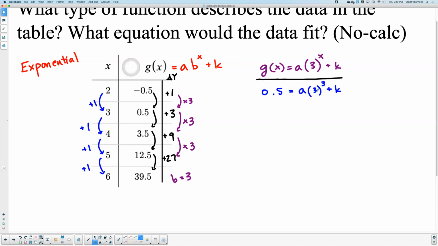So let's simplify. What's 3 to the third? That's 3 times 3 times 3. 27. That will be 0.5 equals 27a plus k.